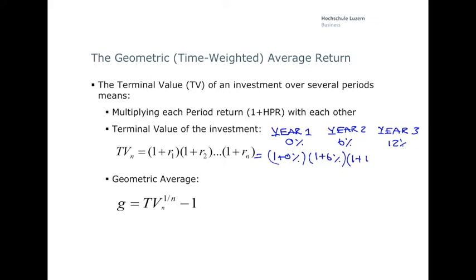This means the terminal value of the investment would have resulted in 1.1872. Annualizing the terminal value would result in the geometric average return of 5.9% per year.